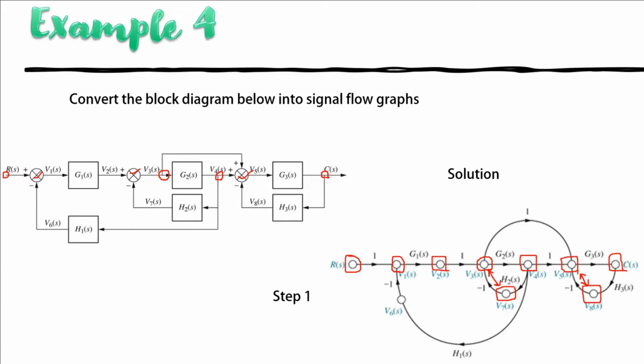And H3 will be negative because this summation junction here has more than 1 input, like previously we had only 2 inputs. So it's not so confusing, but this one is a bit step by step. Actually we can directly combine the nodes, but just need to be careful on this part.